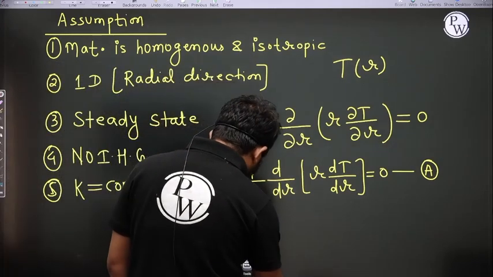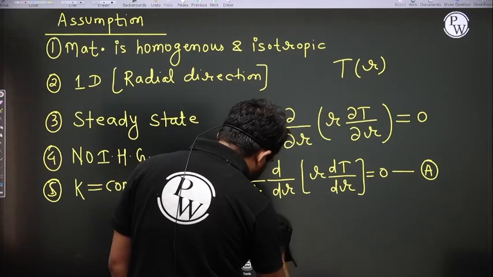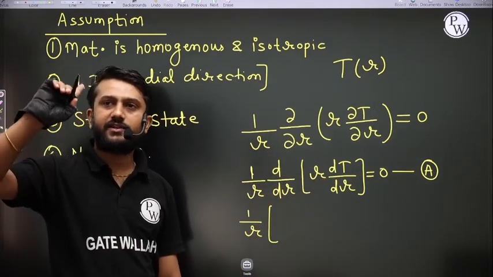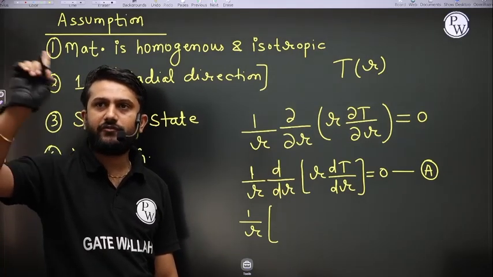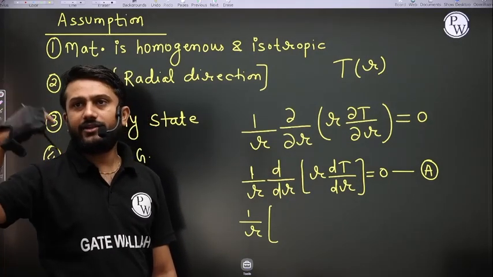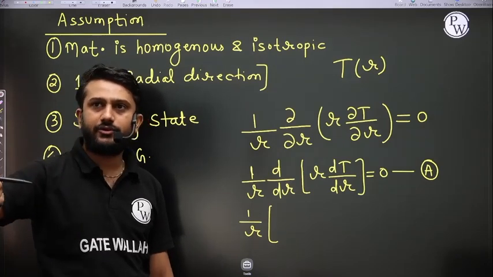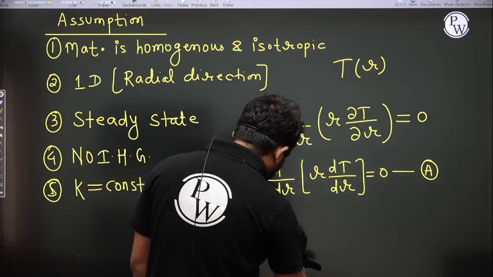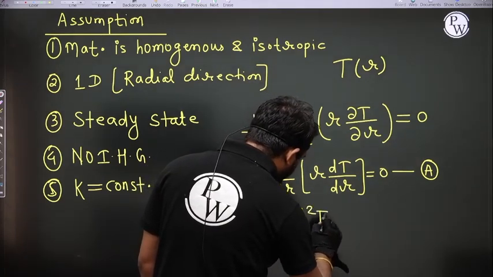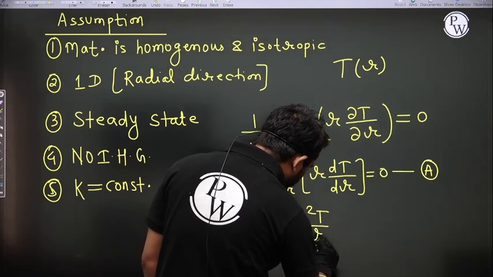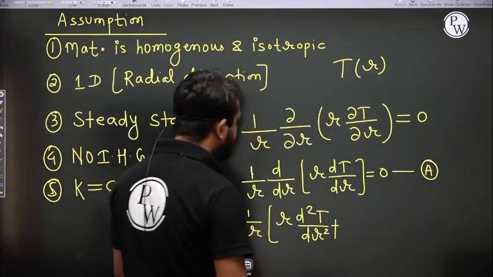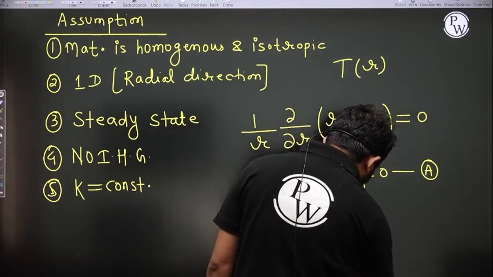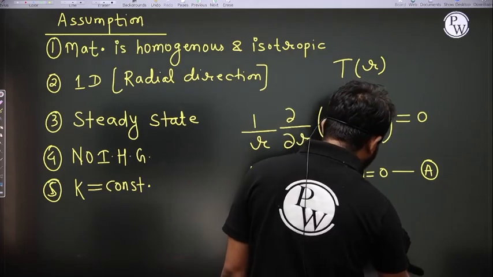See, that is 1 by R. Now, differentiate here. Apply the formula for differentiation of UV: keep U constant and differentiate V, then keep V constant and differentiate U. So here, keeping R constant, this is d square T by dr square, plus dT by dr held constant and differentiation of R, so that is 1, and this is equal to 0.